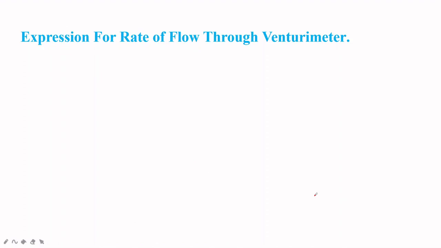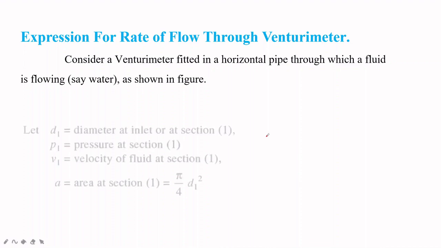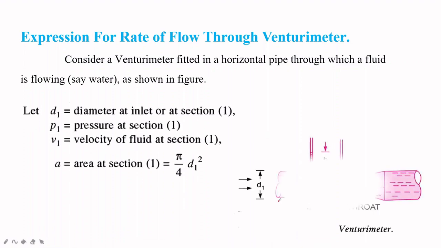Whenever we express something, we have to consider and assume. So consider a Venturimeter fitted in a horizontal pipe. The Venturimeter is very short compared to the pipe, and it is fitted in the pipe. Once you know the diagram you will get to know. Consider a Venturimeter fitted in a horizontal pipe through which a fluid is flowing, as shown in the figure.